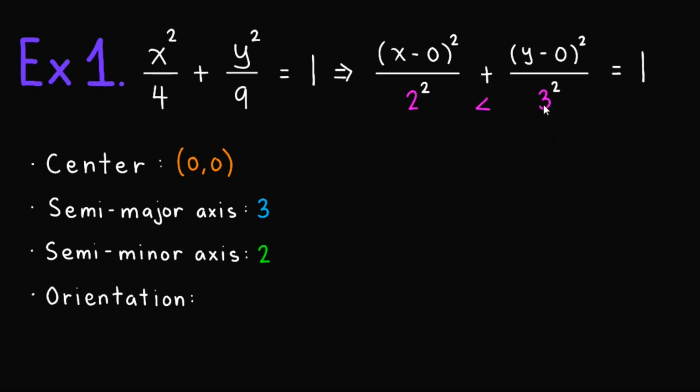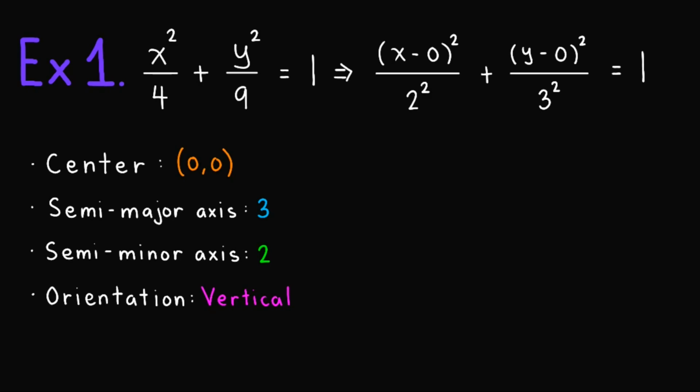Since 3 corresponds to the denominator of the y variable, the orientation of this ellipse must be vertical. Again, you may check the previous videos, where I discussed how to obtain the parts and the orientation of the ellipse from its equation.